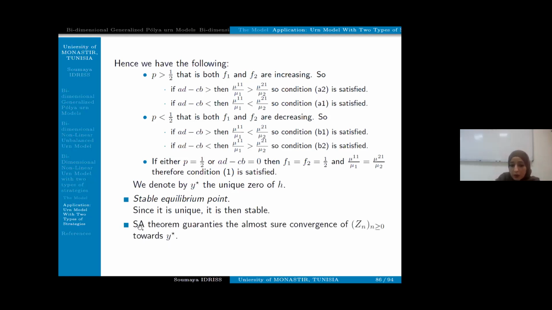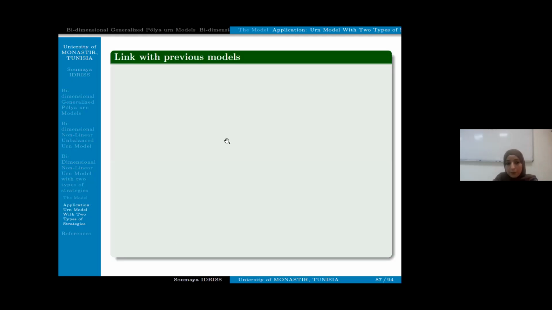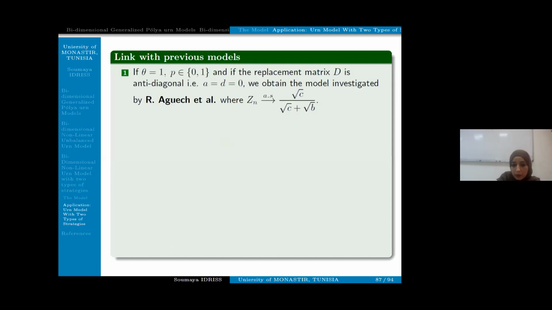Finally, the stochastic approximation theorem guarantees the almost sure convergence, that the process Zn converges almost surely towards Y star.